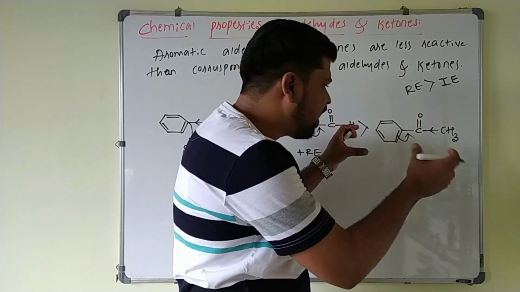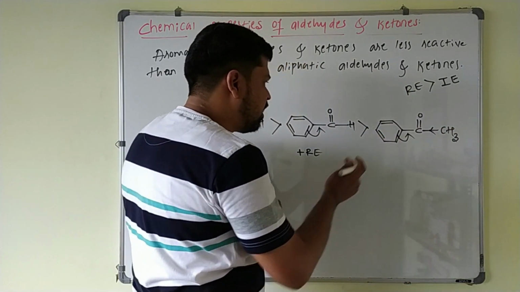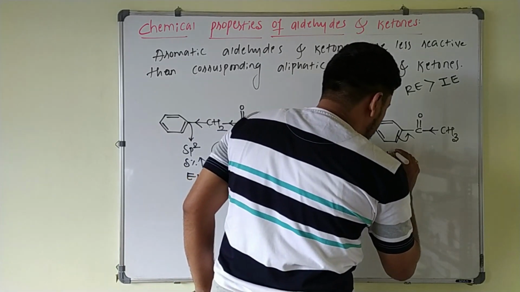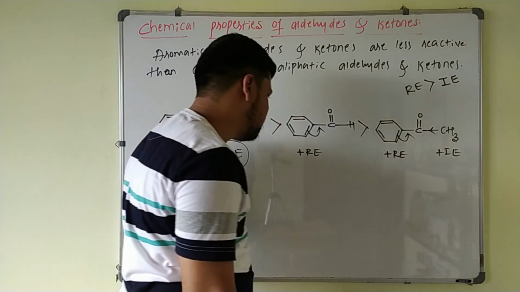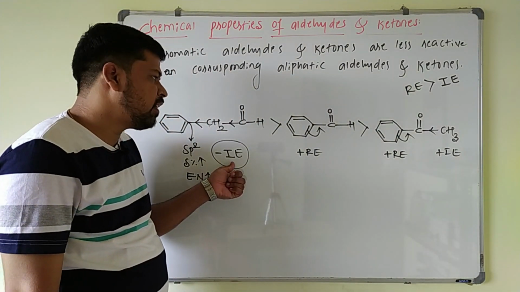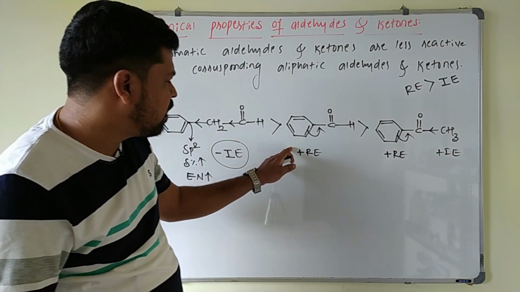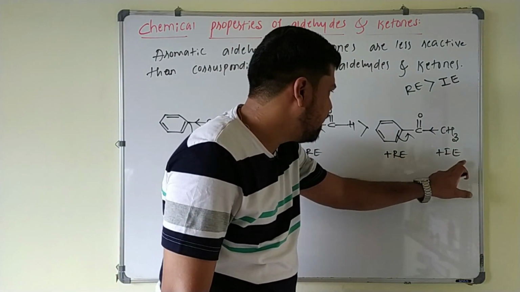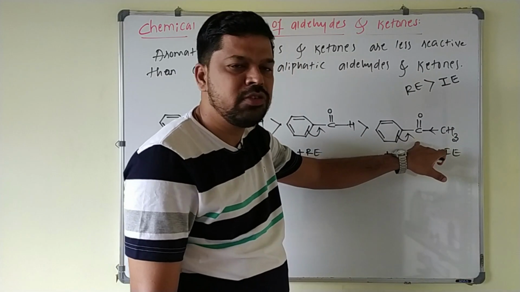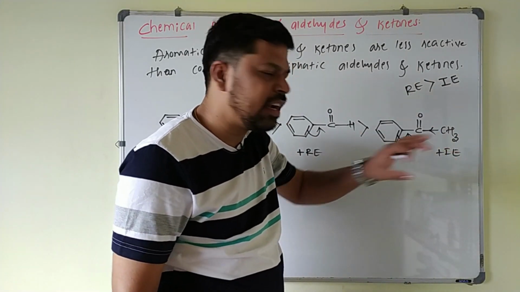So these two again will decrease the reactivity of this compound. This has one positive resonance effect and one inductive effect. See here, negative inductive effect is more reactive, positive resonance effect is less reactive, and one positive resonance effect and one inductive effect again sharply decrease the positive charge density on the carbon, so reactivity decreases here.